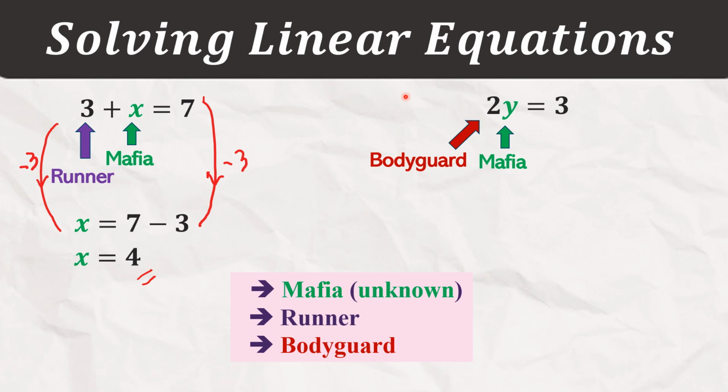To remove the bodyguard, I need to reverse the operation. It's 2 times y, so I simply divide by 2. I reverse the operation, and hence I get y equals 3 divided by 2. Again, the answer can be found very easily.